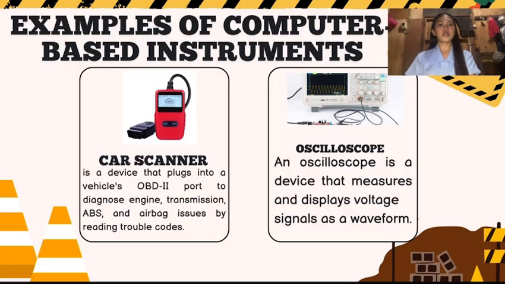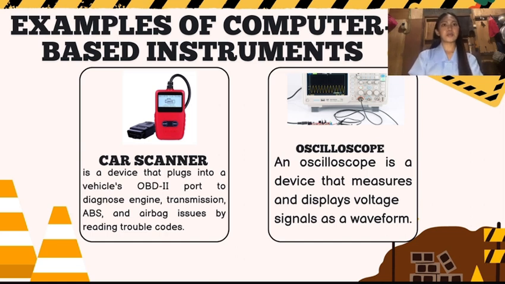There are 8 examples of computer-based instrument. The first example is car scanner. It is a device that plugs into a vehicle port to diagnose engine, transmission, ABS, and airbag issues by reading trouble codes. And the next example is oscilloscope.